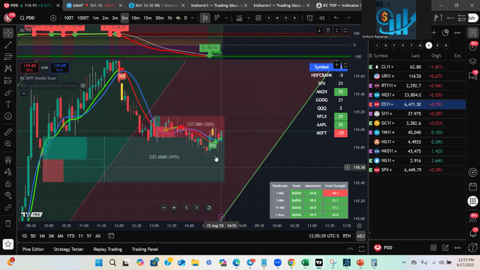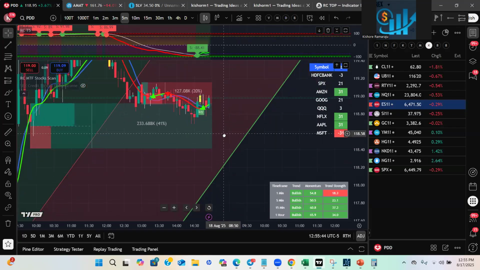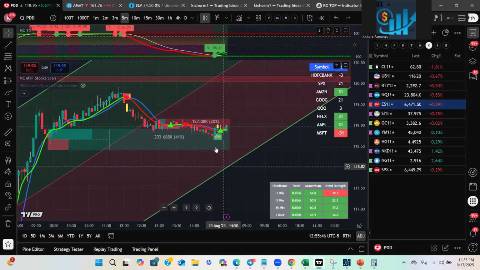So you can either do bull put spreads, or if you have a big account, you can even do the cash secured puts. That means you are selling the 115 put and you collect the premium. As long as the stock stays above 115, all that money will be yours. That is a cash secured put. If your stock is bullish and you have a big account, you sell a put and collect the premiums. If the stock stays above that price by this Friday, then all that money, if you collect $100, $200 for every contract, is 100% yours.